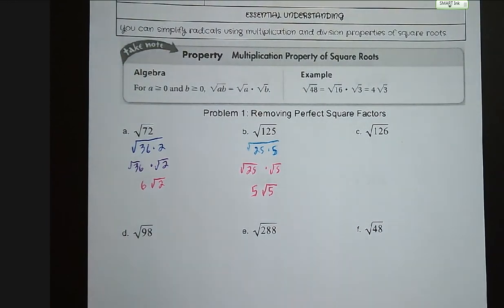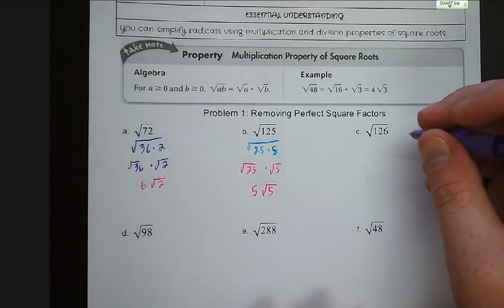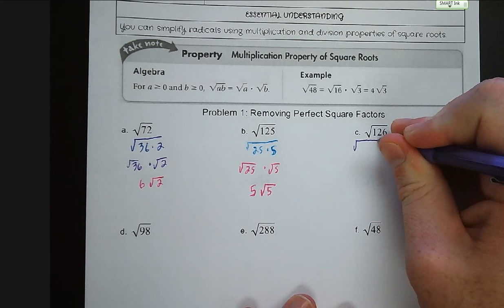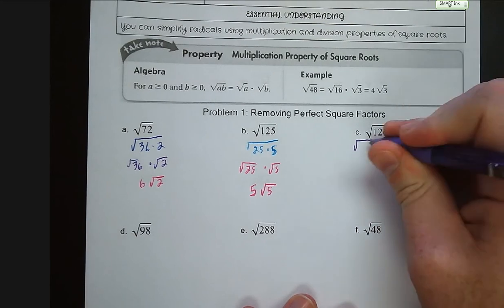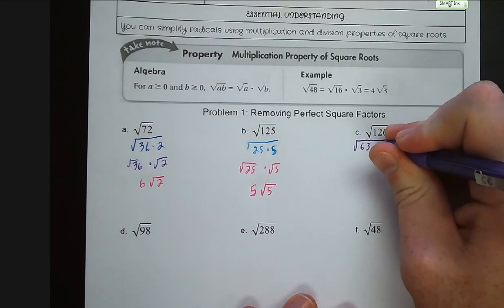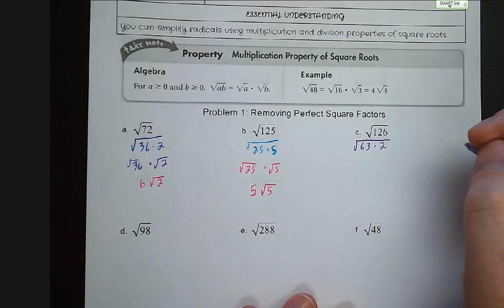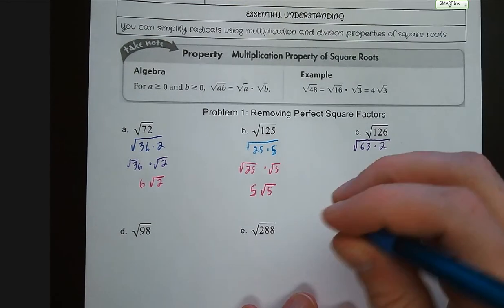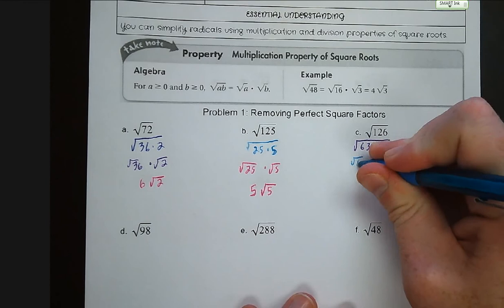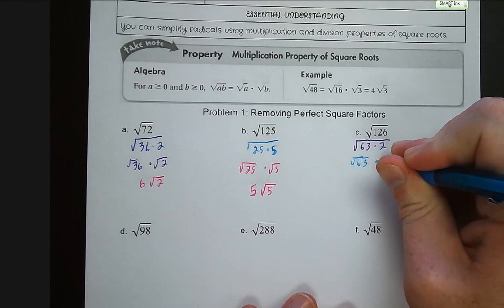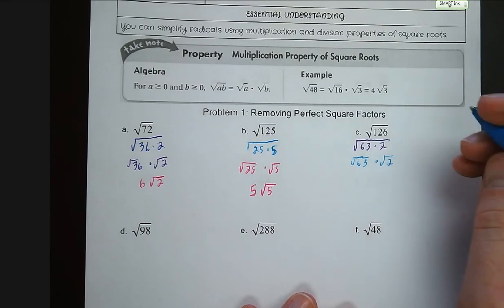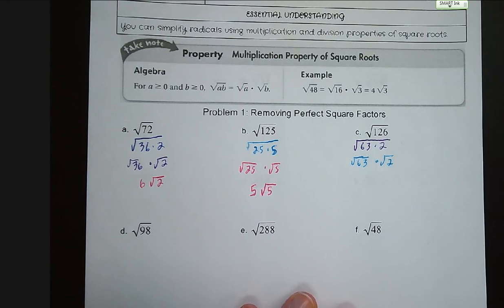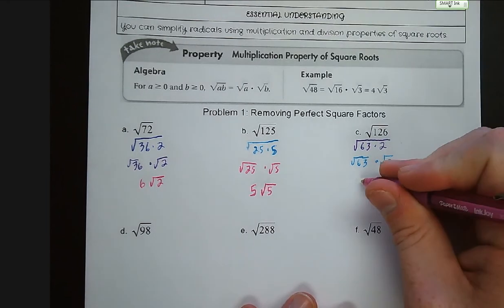Letter C, it's an even number, 126, so I know I can divide it by 2. So I have the square root of, and 126 divided by 2 is 63. Okay, so we're going to split it into our 2 radicals. We have the square root of 63 times the square root of 2.